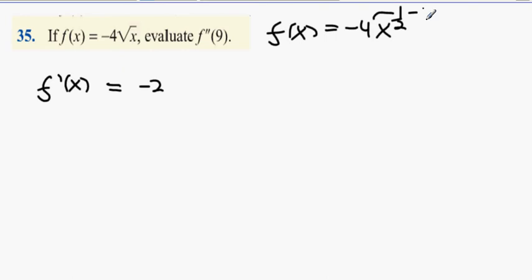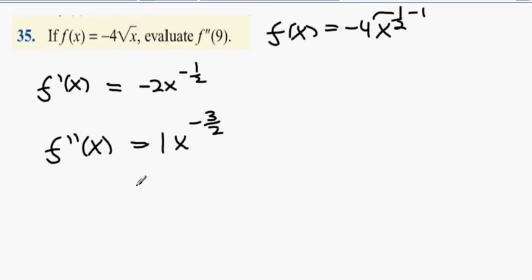Take away 1, we get x to the power of minus a half. Differentiate a second time. Minus a half by minus 2 is 1, x to the power of minus 3 over 2. This is f double dash x. F double dash 9 means replace x with 9. So it's going to be 9 to the power of minus 3 over 2.